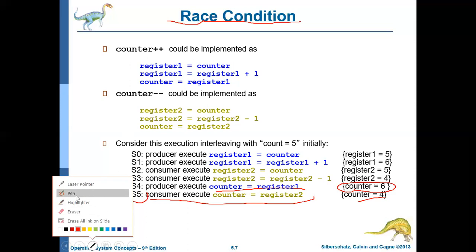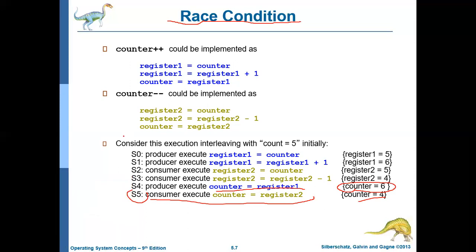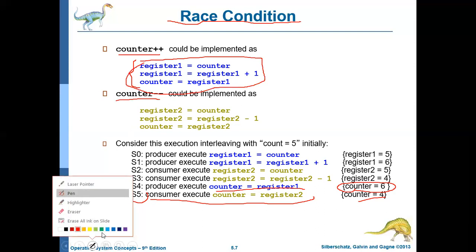The code which creates data inconsistency is basically counter plus plus and counter minus minus. When it is executed, counter plus plus is converted into 3 different statements, and counter minus minus is converted into some other 3 different statements.